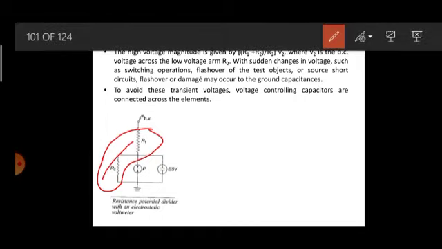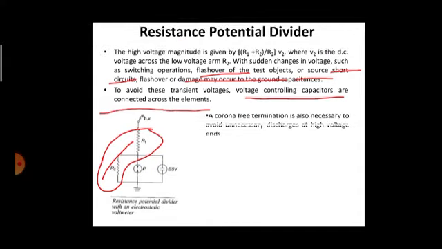Okay, so with sudden changes in the voltage, such as switching operations, flashover of test objects, or source short circuits, flashover or damage may occur to the ground capacitances. So to avoid these transient voltages, voltage controlling capacitors are connected across the elements. Also a corona free termination is necessary to avoid unnecessary discharges at high voltage ends.